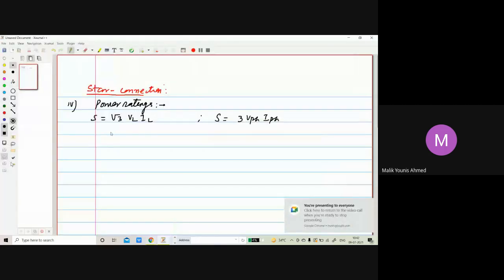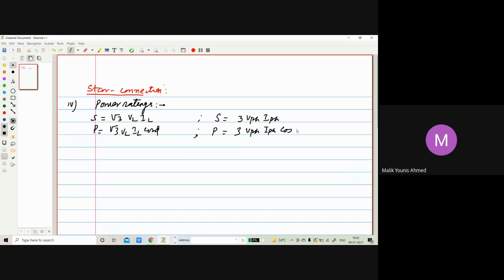In case of real power, in terms of line, it will be root 3 VL IL cos of phi. And real power in terms of phase values will be P equal to 3 V phase I phase, and we have to include the power factor cos of phi.